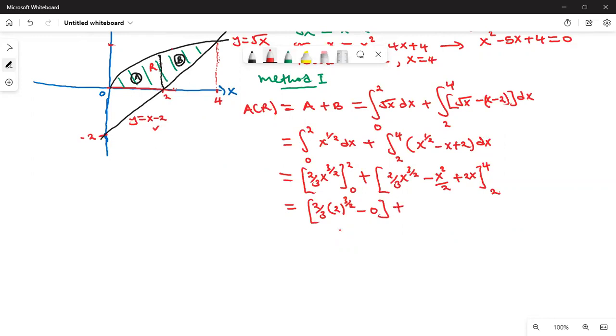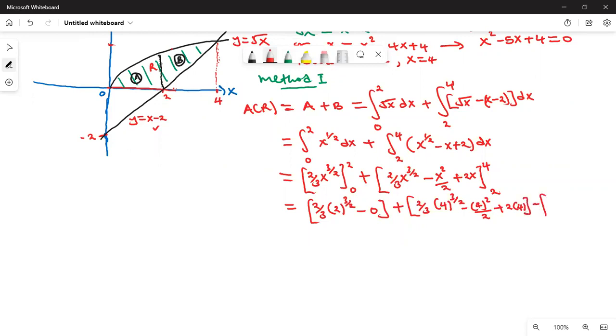Then plus, the other one is when x is 4, you get 2 over 3 times 4 raised to 3 over 2 minus, 4 squared over 2 plus 2 times 4.